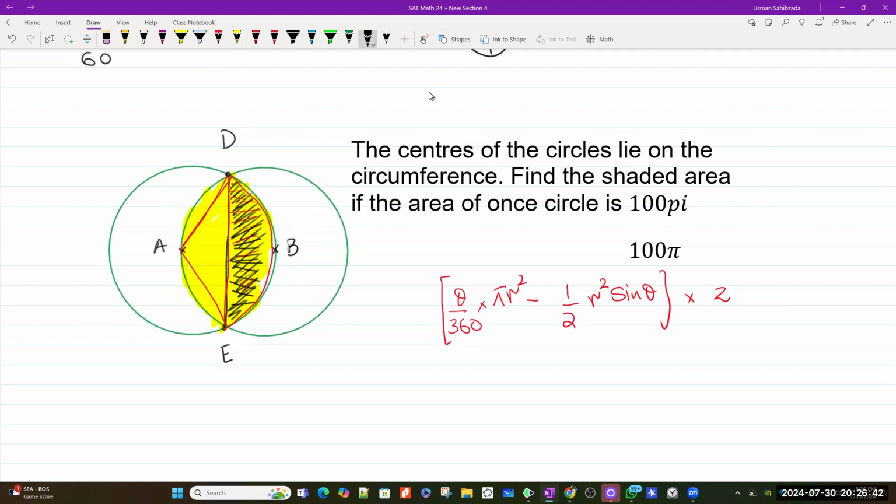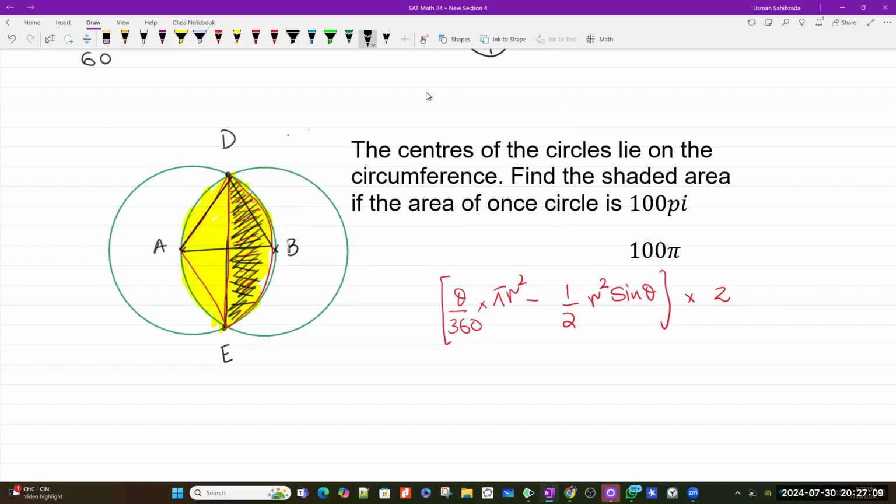How do you do that? You realize that from A to B, from B to D, and from D to A, these would be radii.